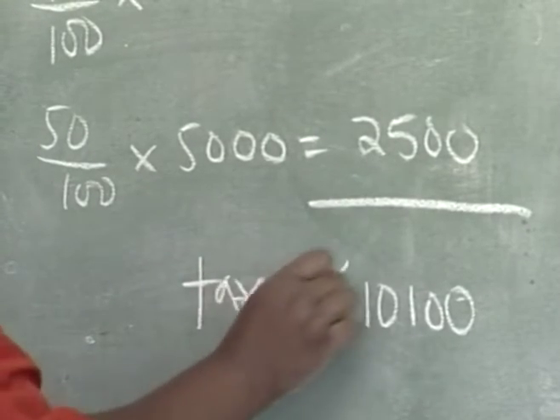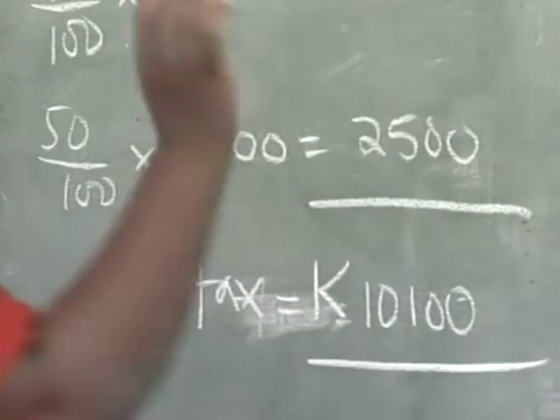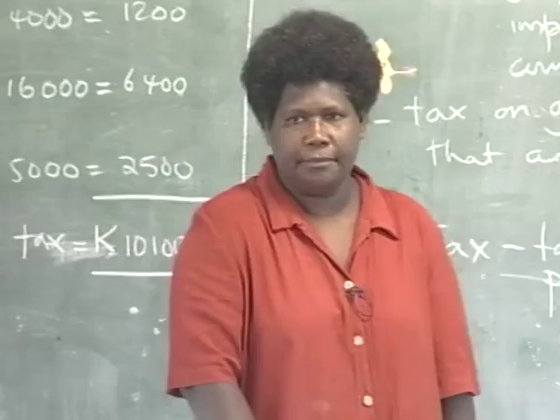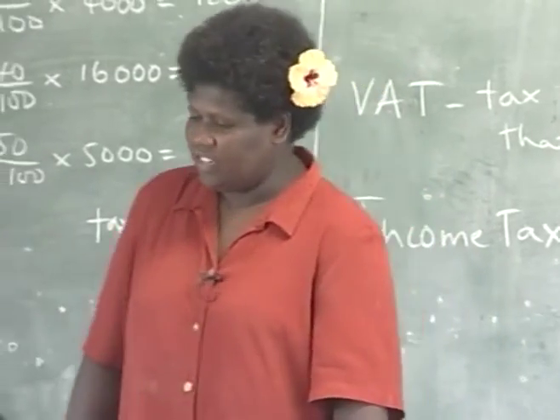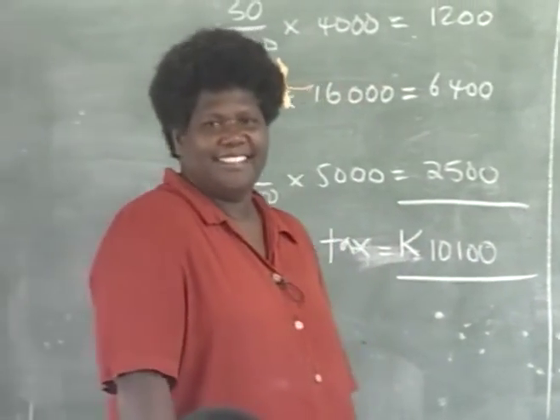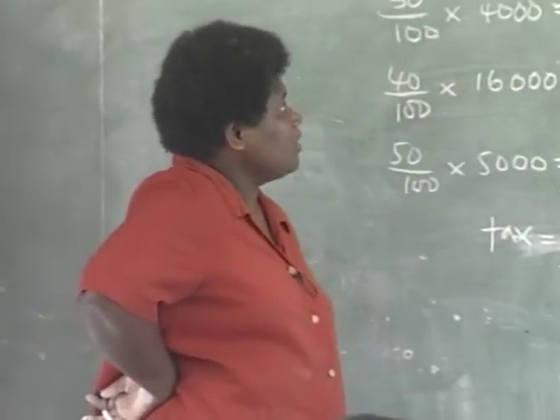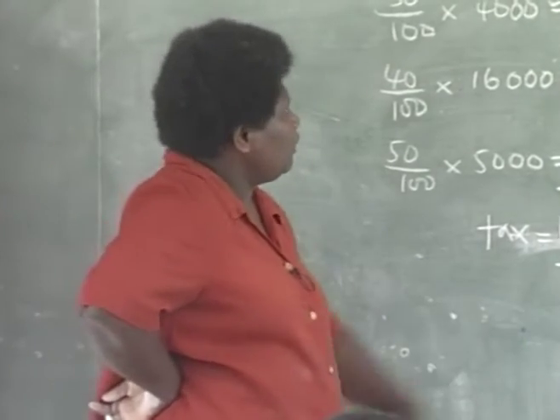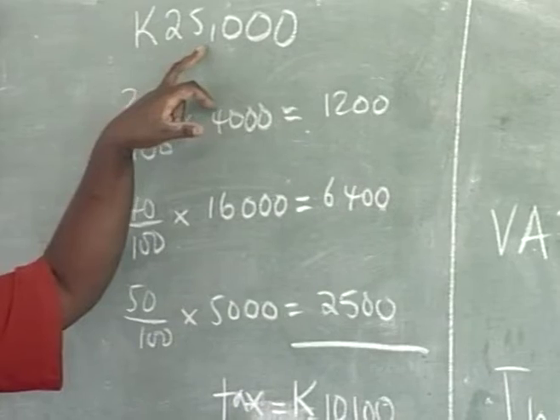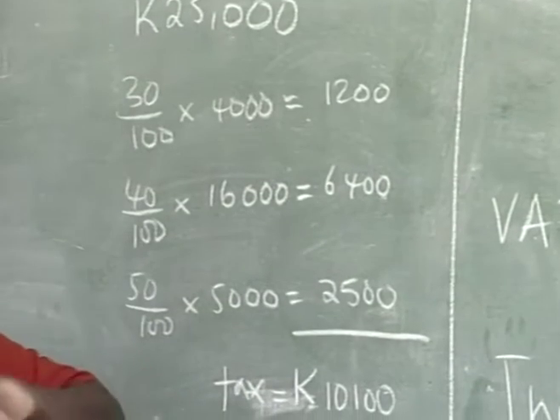So that is going to be your total tax if you earn 25,000 kina in a year. Sorry, in a fortnight. Sorry, it's in a year. 25,000 kina in a fortnight is a little bit too much. So from your 25,000 kina that you earn in a year, you will pay 10,100 kina.